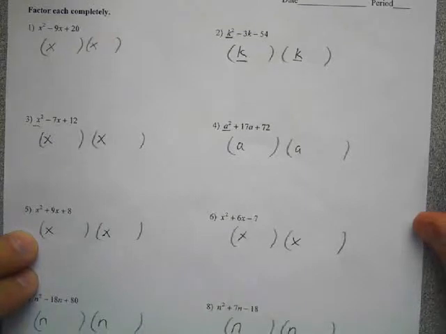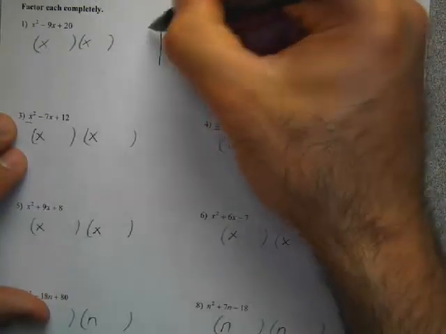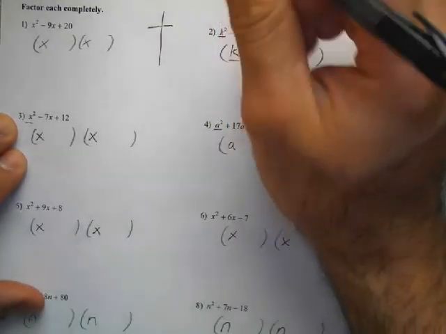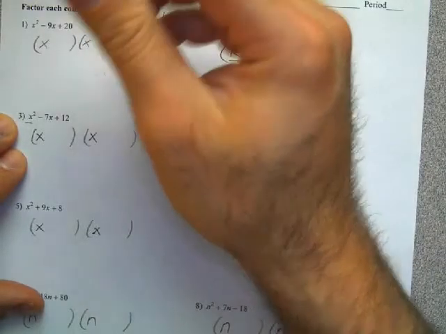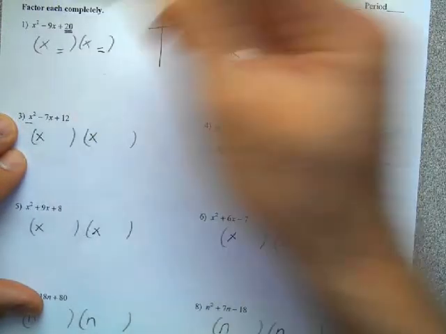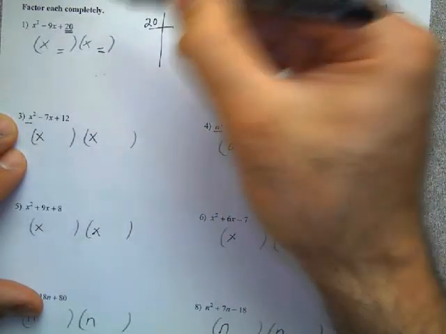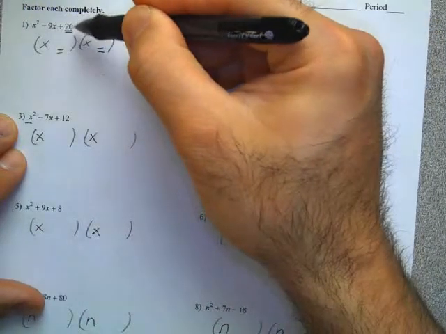And then we can go ahead and make our tables to help us find what the last 2 spots are going to be. So just as a refresher, the last 2 spots come from the last term. So I have to think, what times what is 20 but adds up to be -9?